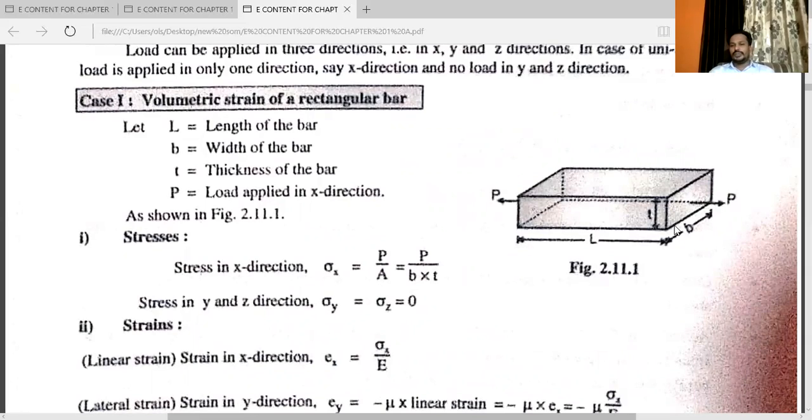See, this is your B and height is, or you can say the depth or thickness is T. So area will be B into T. This is your cross sectional area. Stresses in Y and Z direction will be 0. Sigma Y is equal to sigma Z is equal to 0.